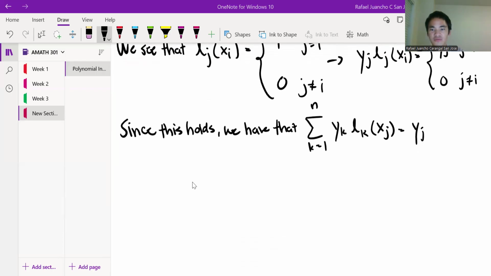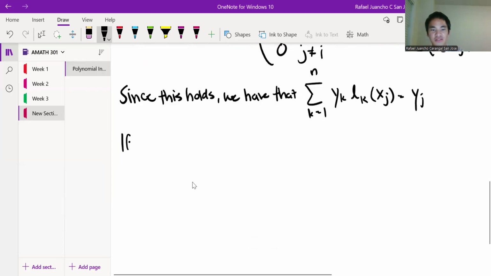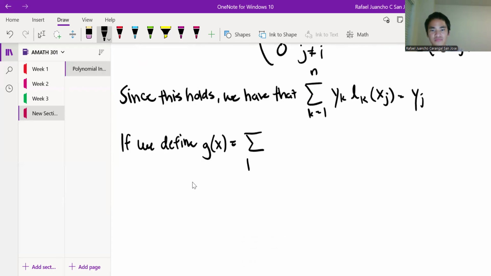And so now we can define this. For convenience purposes, let's define this as a function g. Let me make it a function g, this summation of yk Lagrange k xj, or not even xj, just x in general, right?